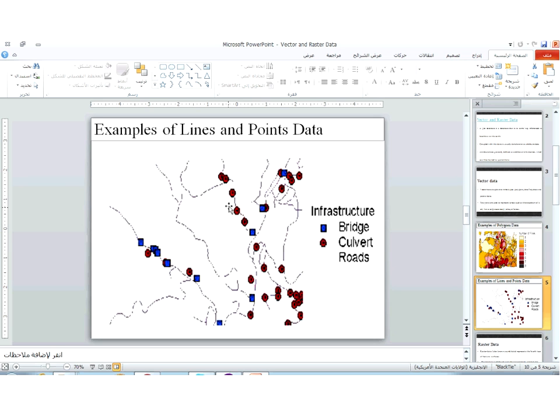This line connects the points, so we can make polygons from points and then connect these points with lines, and we get some polygon. All these three data types are used in vector data models.